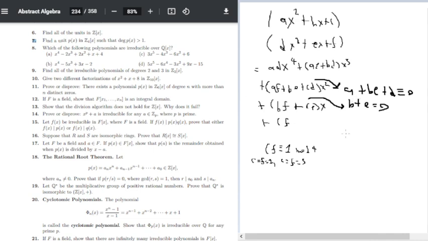If A is equal to 1, then we have 1 plus BE plus D is congruent to 0, which means that BE plus D is congruent to 3 mod 4.